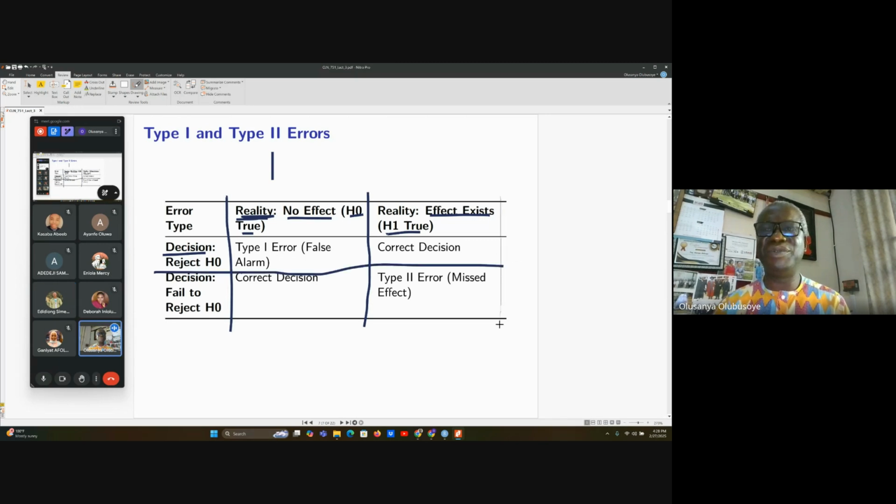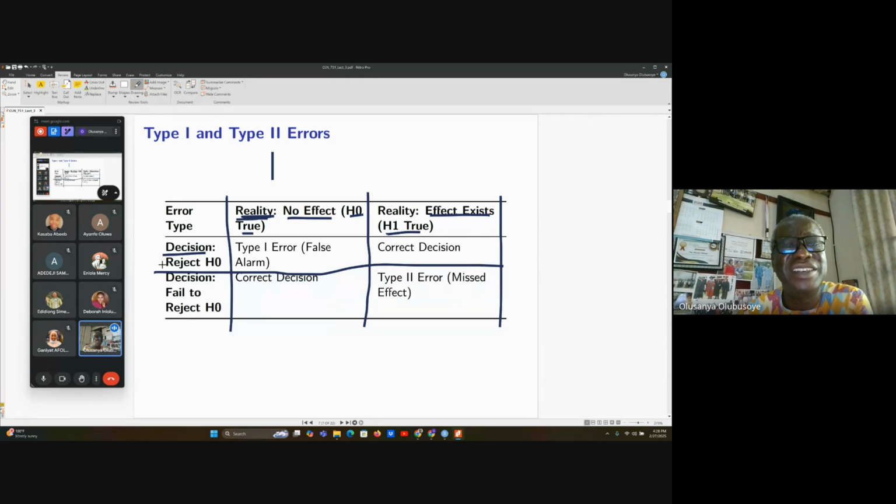So maybe this table will help you. Now, we are considering two types of errors, and we have two hypotheses. The null hypothesis, which is saying no effect, and this hypothesis is true. This is the alternative, which is saying an effect exists or there is a difference. Now let's start with this one.